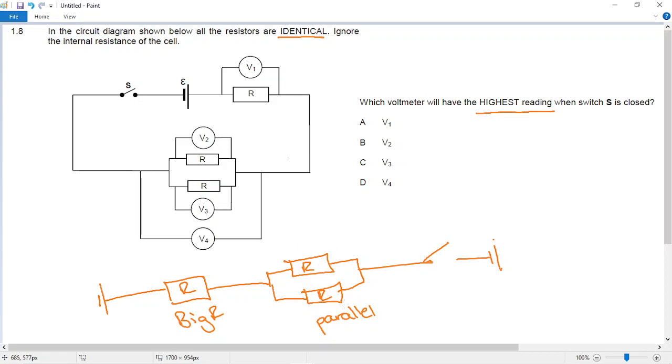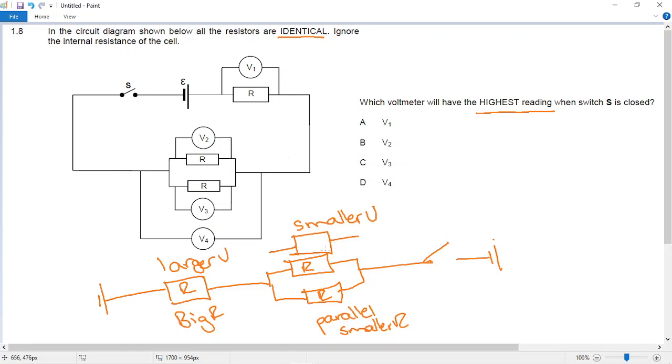So the total resistance will actually be smaller. If we were to take these out and make them into one resistance, it would be smaller than this one. So for the same current, this one with the big resistance will have a larger voltage, and this one will have a smaller voltage if we pretended that this was a single resistor.